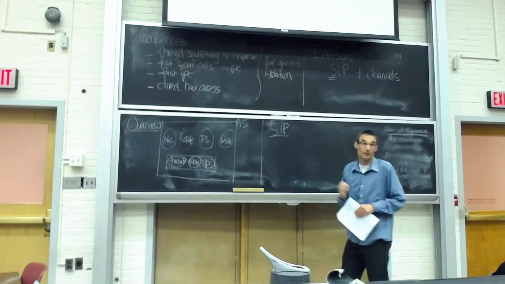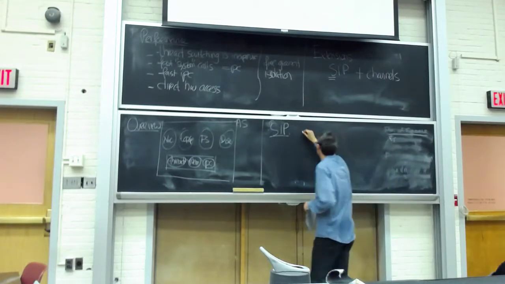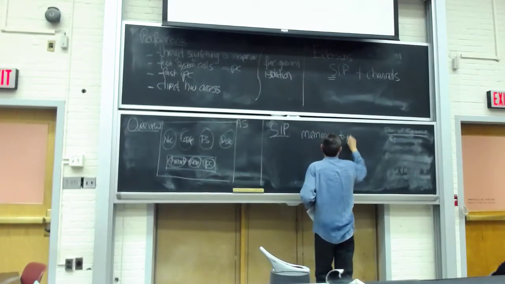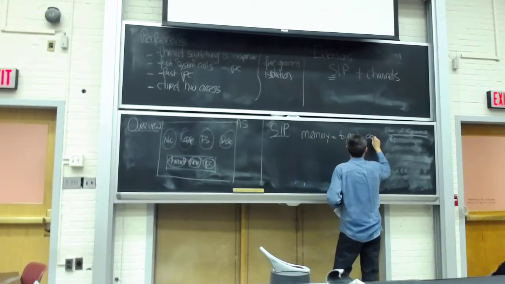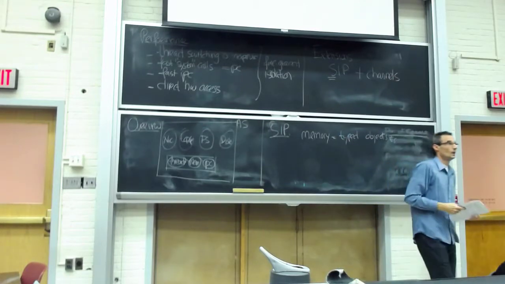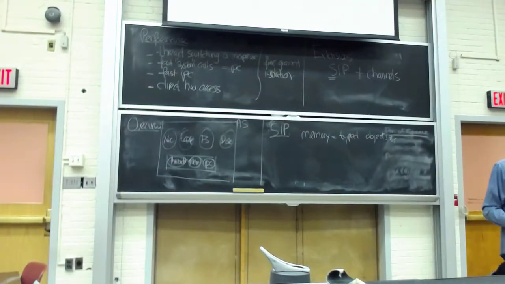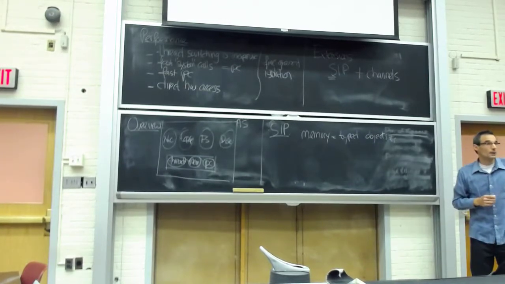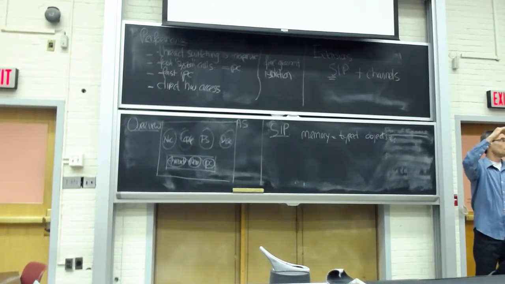So the memory of a SIP is a collection of typed objects. Unlike, for example, in xv6 or in JOS, the memory of a SIP is not contiguous.